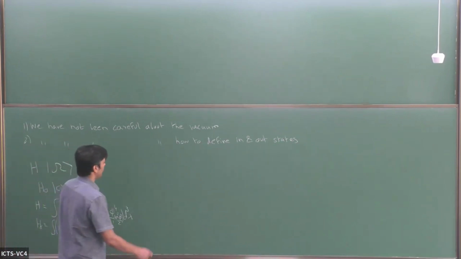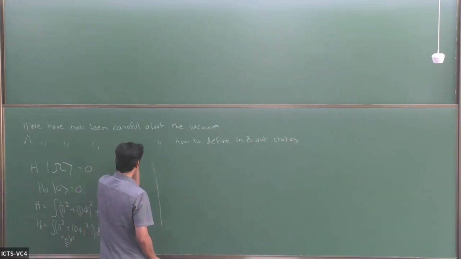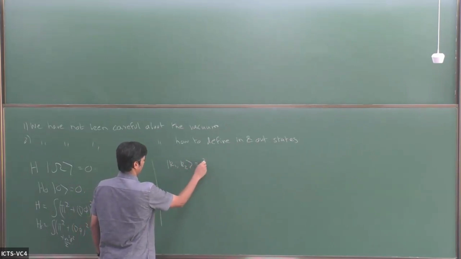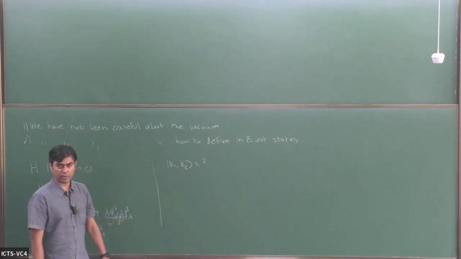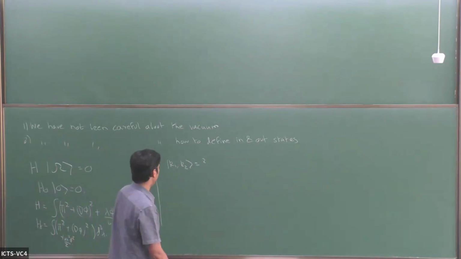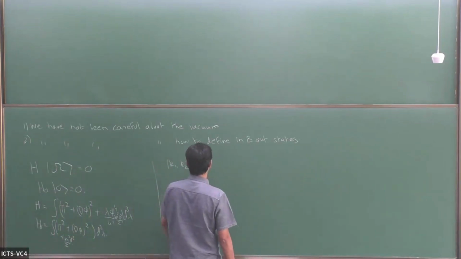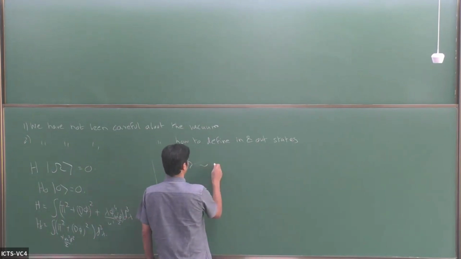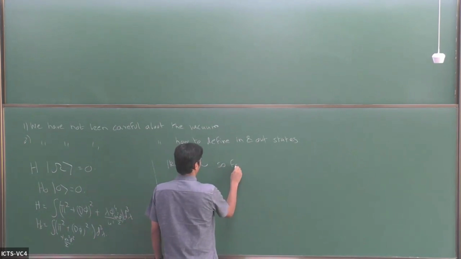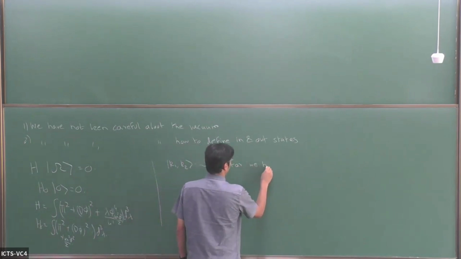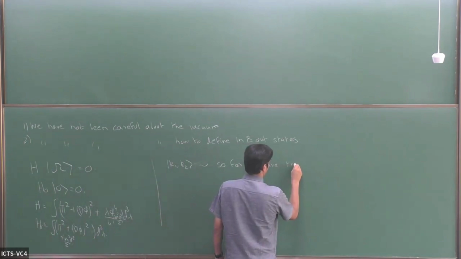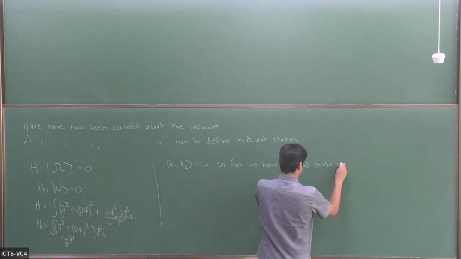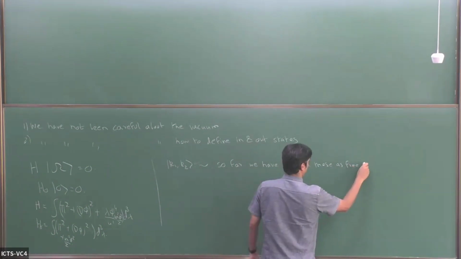The second thing is we've not been careful about what we define to be in and out states, right? We've been defining |K1, K2>. What does this really mean, right? What does it mean to say you have |K1, K2>? What we've been saying is, we're thinking of |K1, K2> as free states, right?